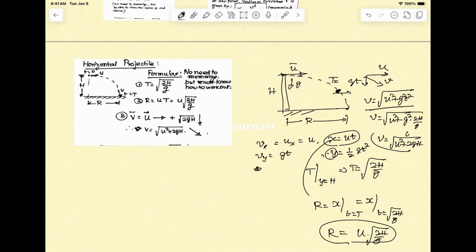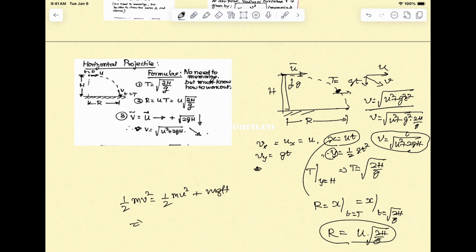Now we already know this relation can even be derived from the energy angle, because at the topmost point the kinetic energy is half m u squared. Then the increase due to potential energy is mgh. Therefore the final kinetic energy when it reaches the ground is the initial kinetic energy plus mgh.